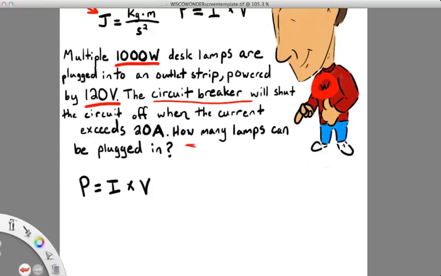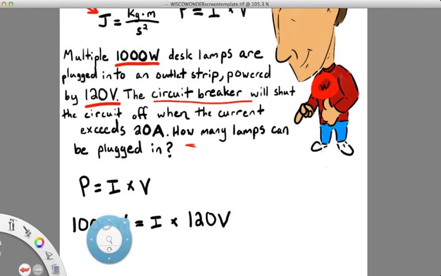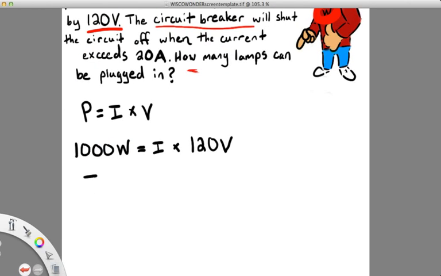So if we go 100 watts equal to I times 120 volts, we can solve for the current that runs through the circuit when there's one desk lamp.